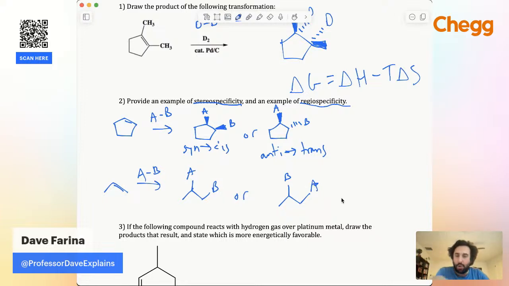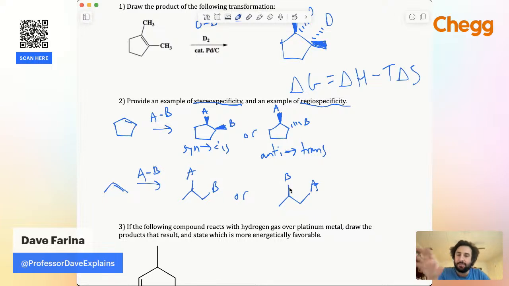These are not stereoisomers. Stereoisomers only differ in the way, all the connectivity is the same, but the groups differ in the way they're oriented in three-dimensional space. This is not that. These are structural isomers. A is connected to the secondary carbon, but over here it's connected to the primary carbon. And then B was on the primary and now it's on the secondary. These are different structural isomers.